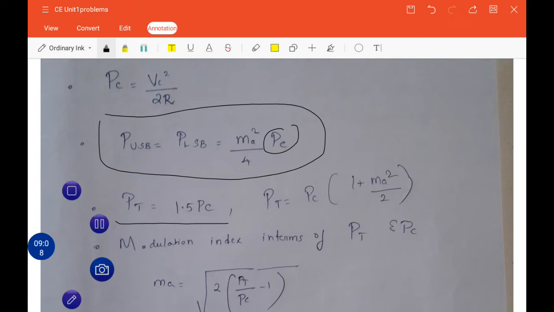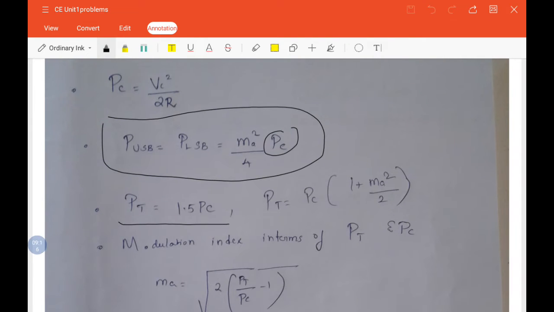Okay, so then students, the total power is 1.5 times PC, as well as the total power is equal to PC into 1 plus MA square by 2. So you can calculate the total power using any of these formulas.